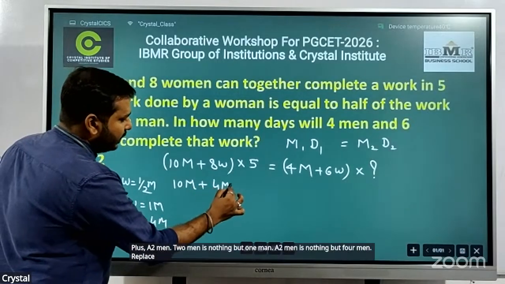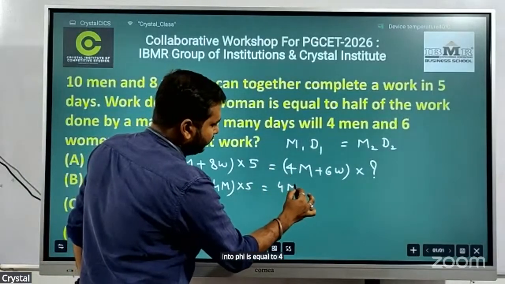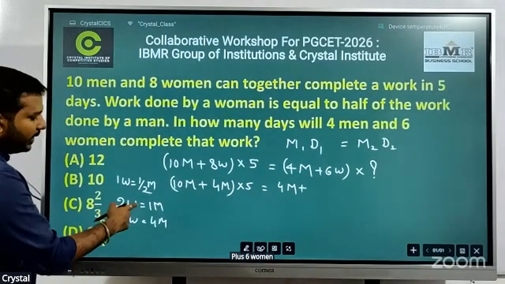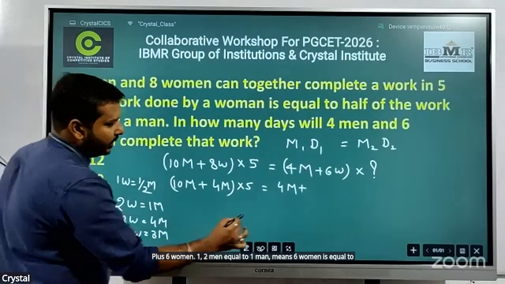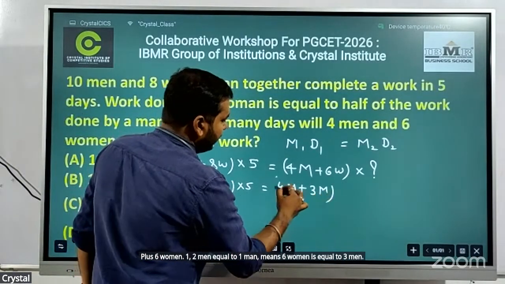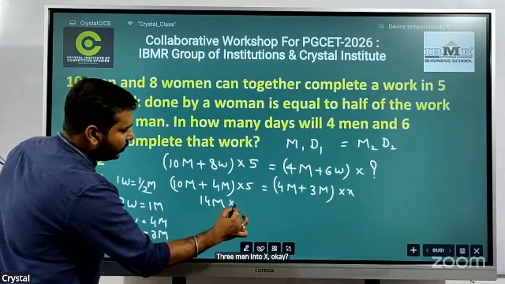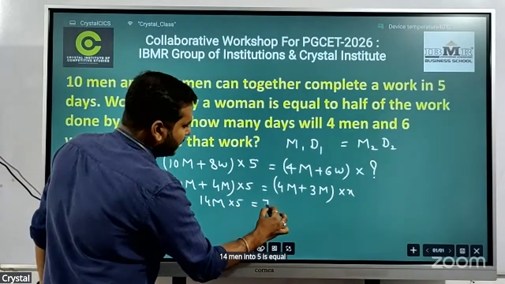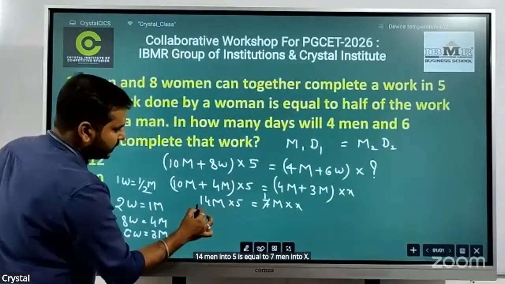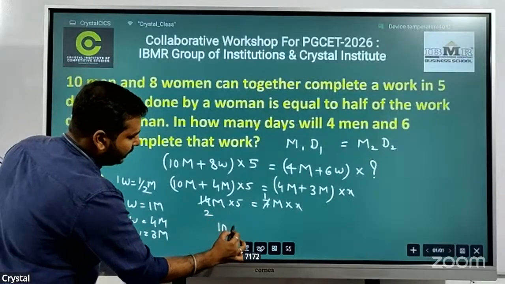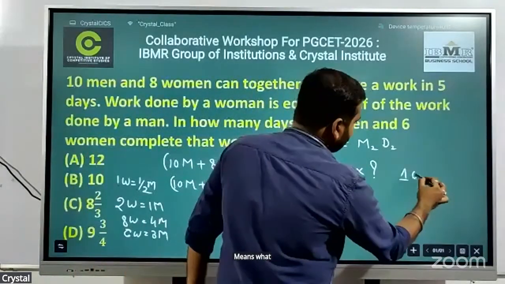So 14 men into 5 is equal to 4 men plus 6 women. 6 women is equal to 3 men, so 7 men into x. 14 men into 5 is equal to 7 men into x. 14 into 5 divided by 7 is 10, so x is 10 days.